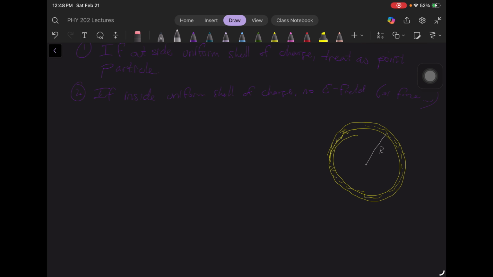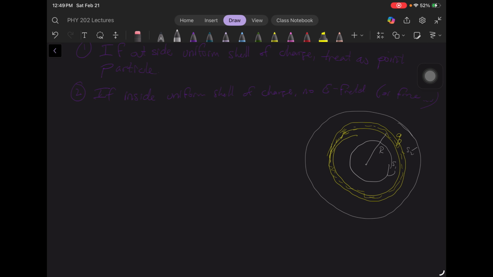Let's say you have some inner surface S1, outer surface S2. Let's say there's a net charge Q. That's the worst circle I've ever seen. Okay, and so S2 is that surface, S1 is this surface.